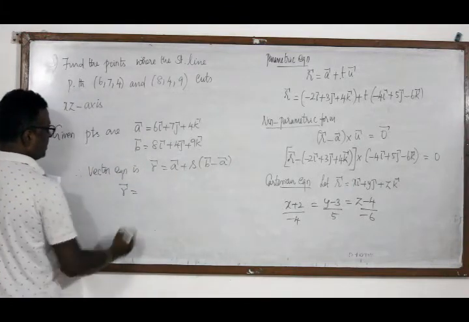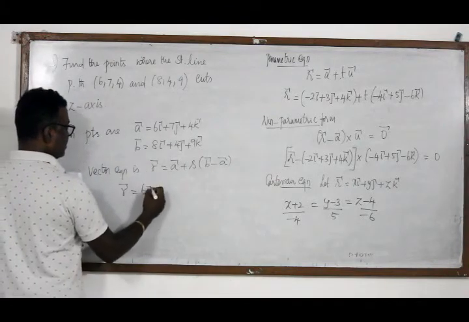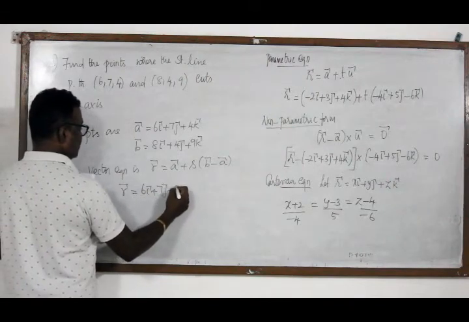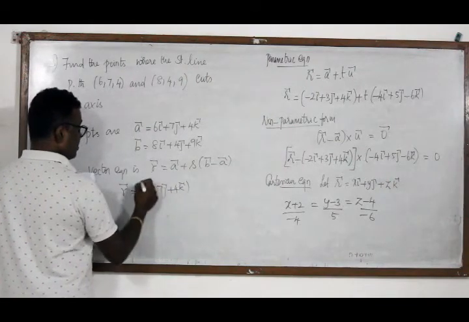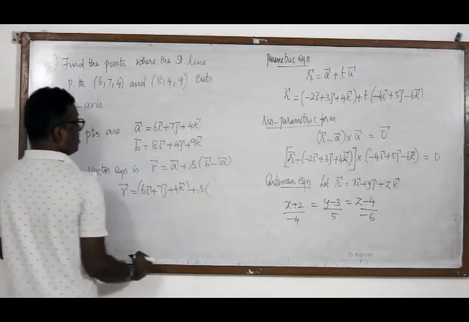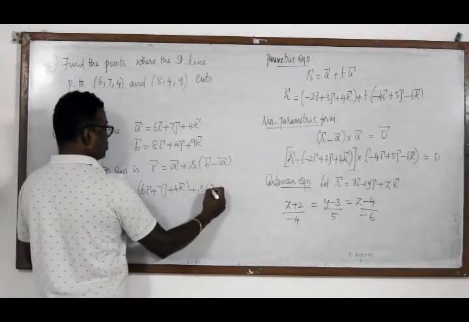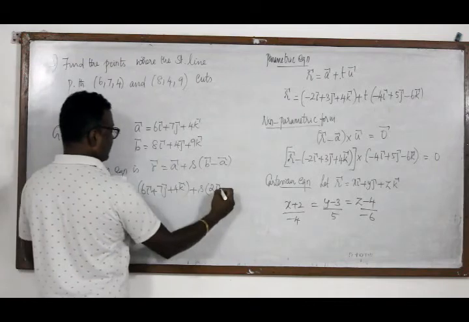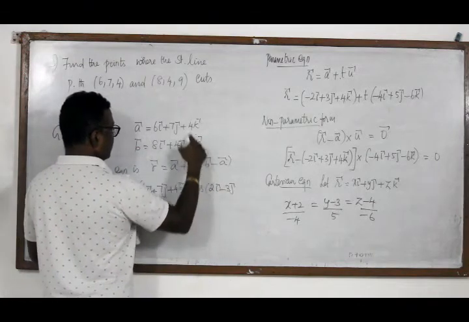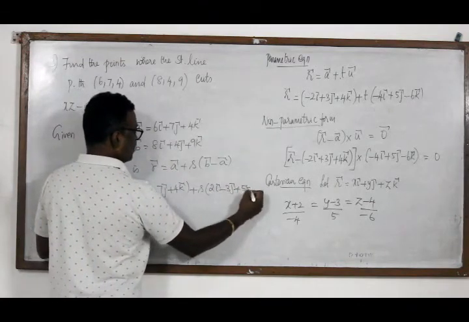Therefore, R vector equals 6i plus 7j plus 4k plus S into B minus A, which is 8 minus 6, 2i, 4 minus 7, minus 3j, 9 minus 4, plus 5k.